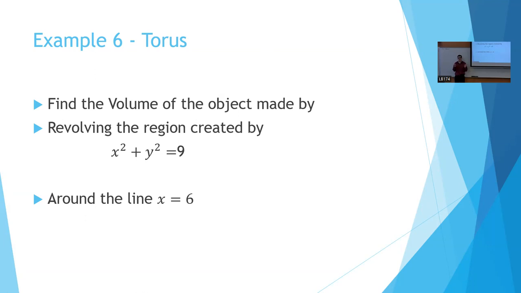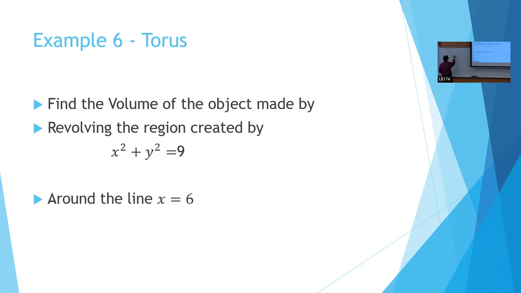It's like the Play-Doh figure that I was talking about earlier. You have a tube that's connected on both ends. So we're going to take a circle of radius 3, centered at the origin. So that's our region, the bounded region created by that circle.